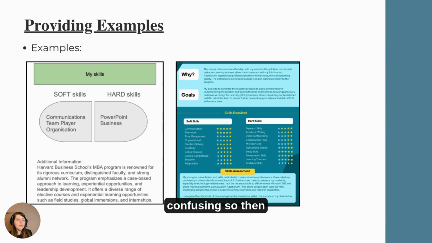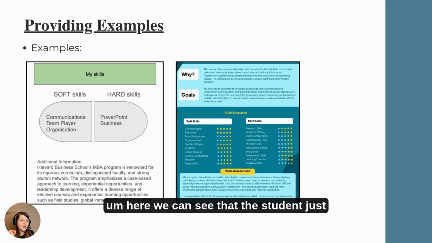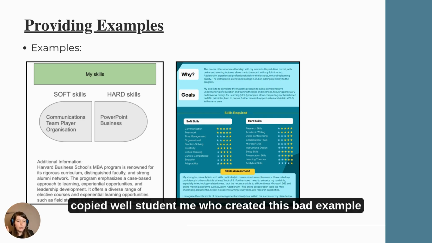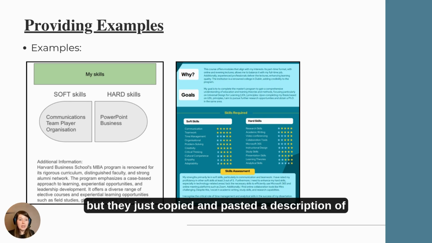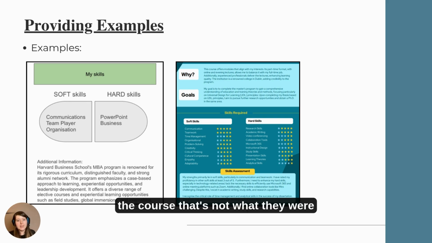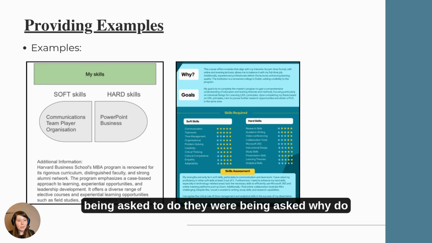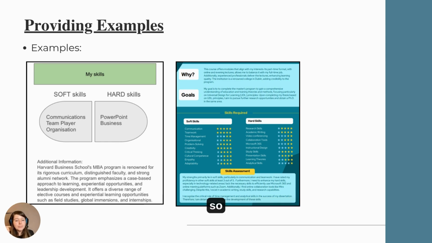Then, for the additional information, we can see that the student, well, me, who created this bad example, just copied and pasted a description of the course. That's not what they were being asked to do. They were being asked why they want to study this course, essentially.